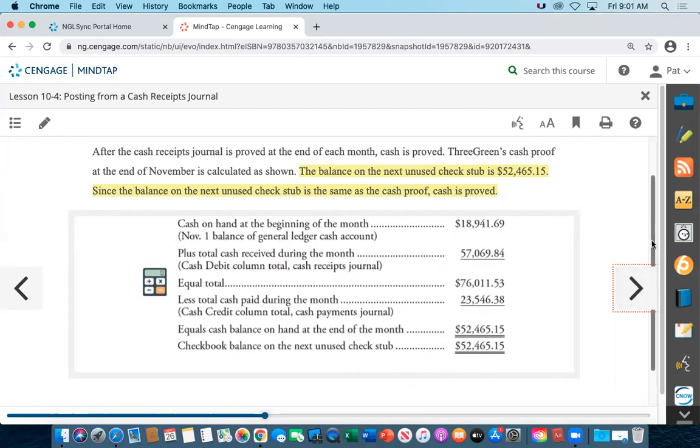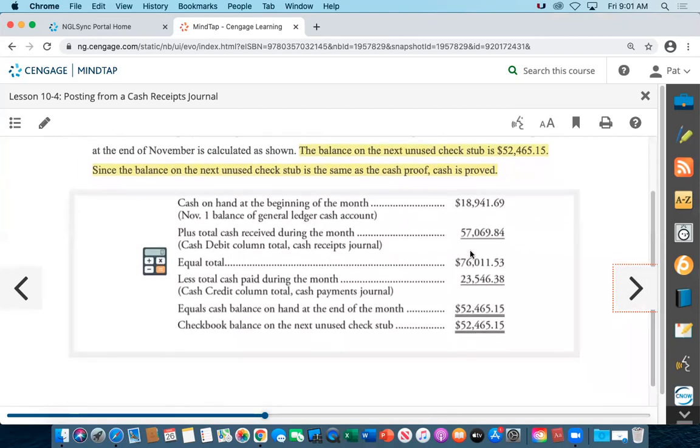Then you add up all the cash receipts, the cash debit from the cash receipts total. Every time you collected money in the cash receipts, you add that to all the money you already had. Then you subtract the cash payments journal. Every time we paid cash, it's in a different journal.